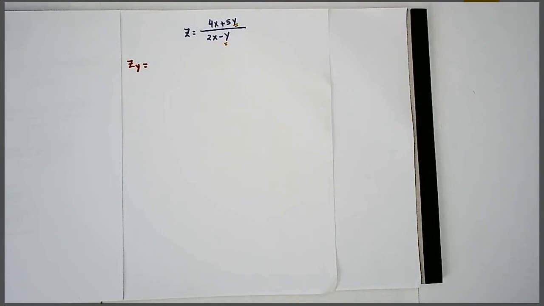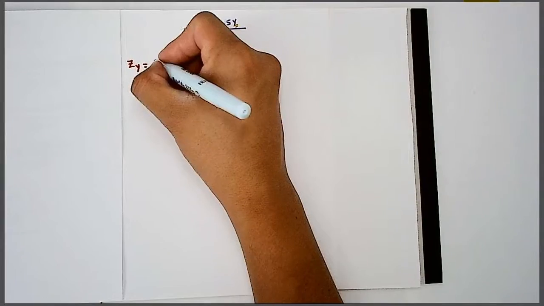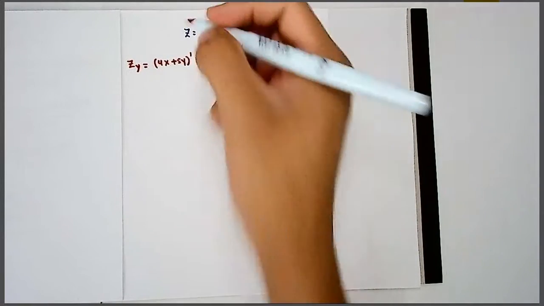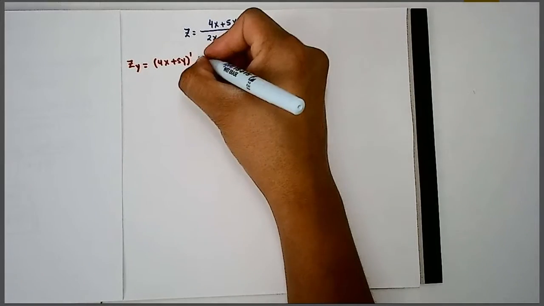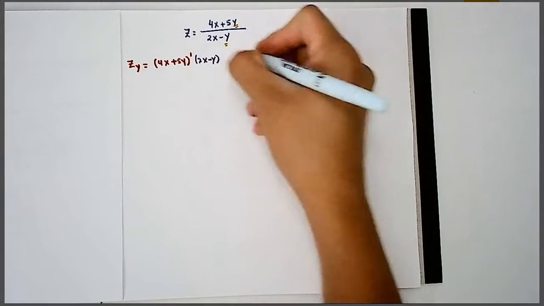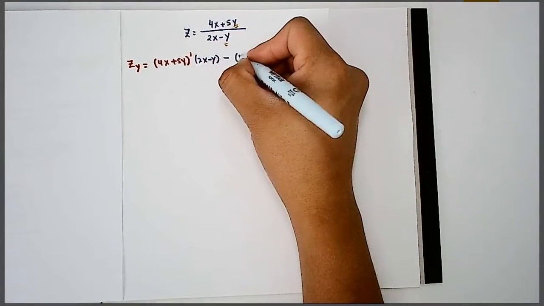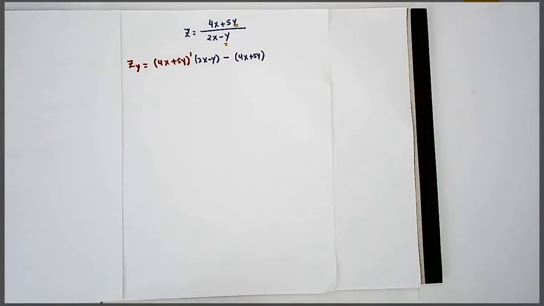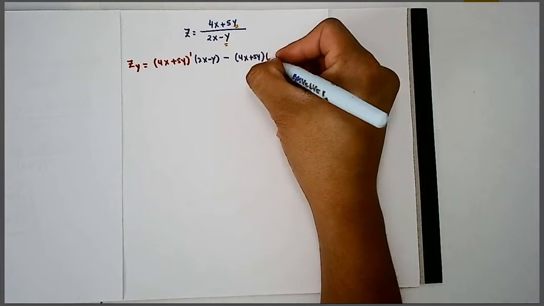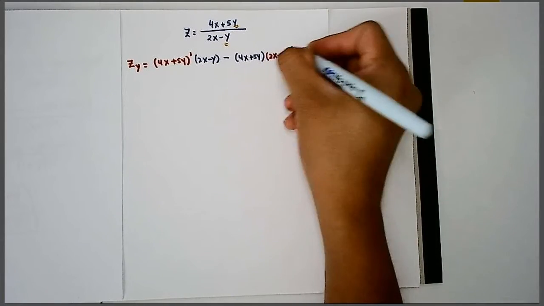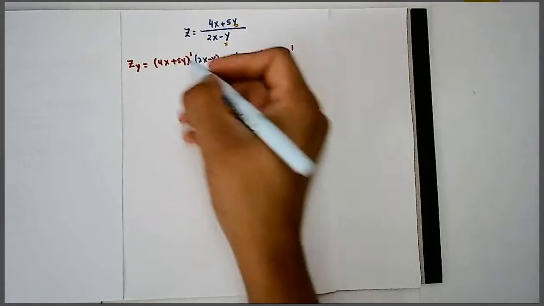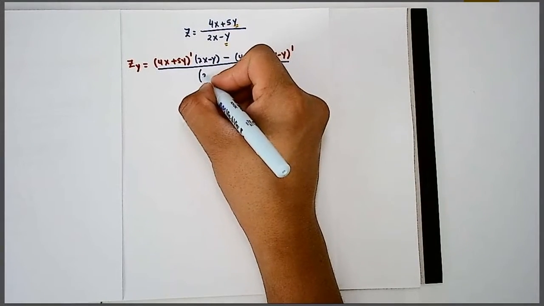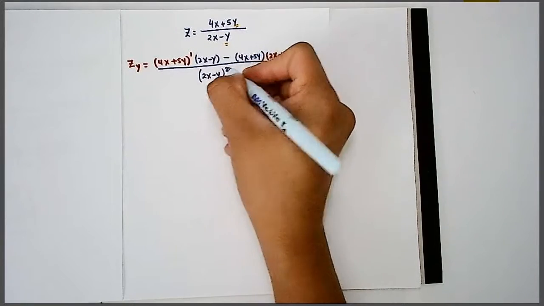Again, this is the derivative of the first term times the second, minus the first term times the derivative of the second, and everything divided by the second term squared.